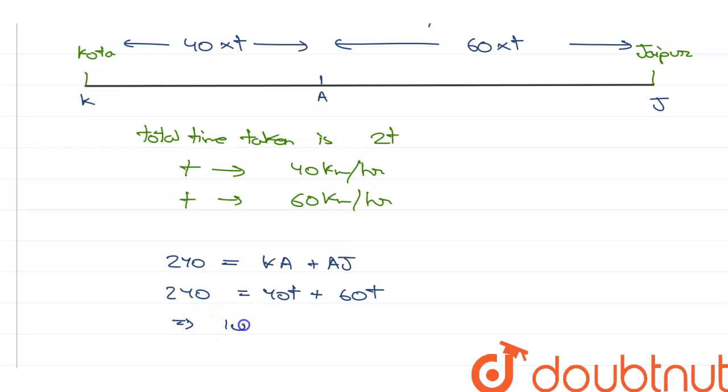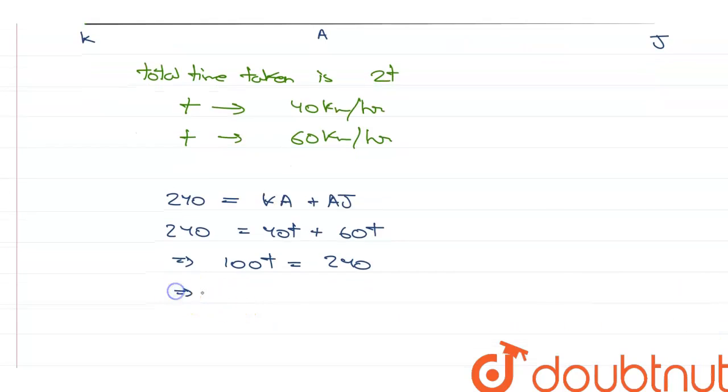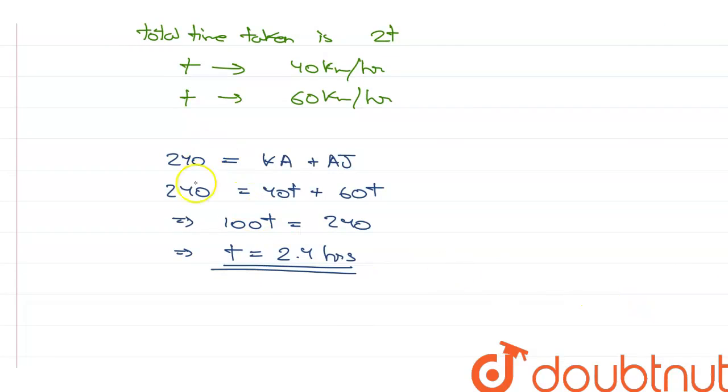That means 100 times of t is equal to 240, which means t is equal to 2.4 hours. Now if t is equal to 2.4 hours, that means the total time, capital T, for the journey is 2t, which is equal to 2 into 2.4 is equal to 4.8 hours.